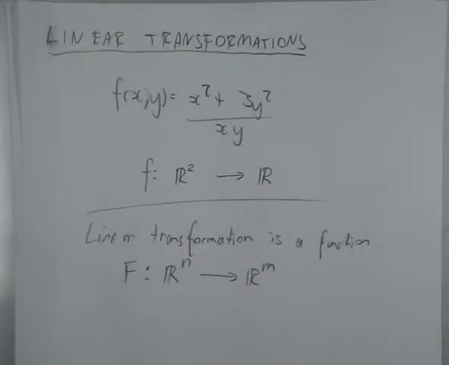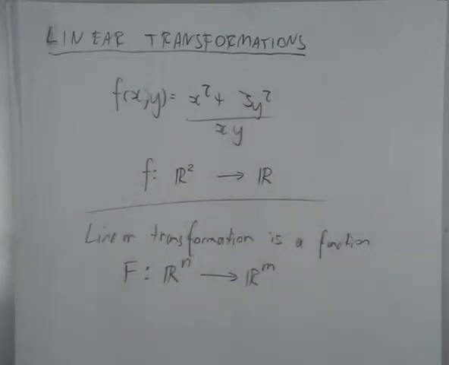But while there are many possible things that you could do with that, a linear transformation isn't just any old function that goes from Rn to Rm. It's a function that is linear, in the sense that if you have a formula in each coordinate, they all have to be linear equations.